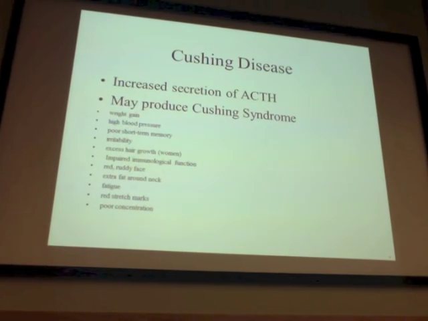First one we're going to look at is a disease called Cushing's disease. Have y'all ever known somebody that had Cushing's disease? Okay. Cushing's disease in most people produces what's called Cushing's syndrome. Now you can also get Cushing's syndrome from just taking exogenous prednisone or cortisone.